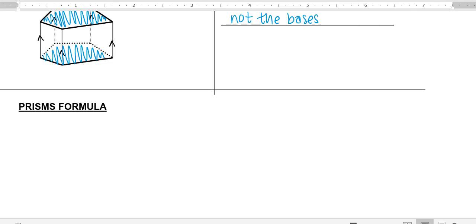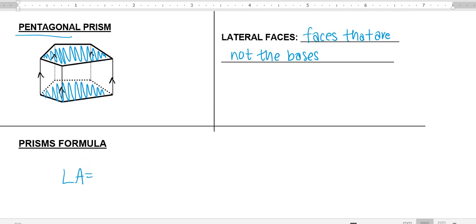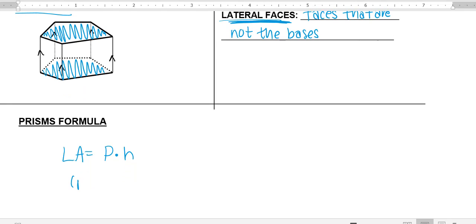All right, so we have our prisms formula. We have two things. We have our lateral area, which talks about the area of our lateral faces. So it's just everything but the bases. We find that by doing P times H. P stands for the perimeter of the base, and then H stands for the height of the prism.